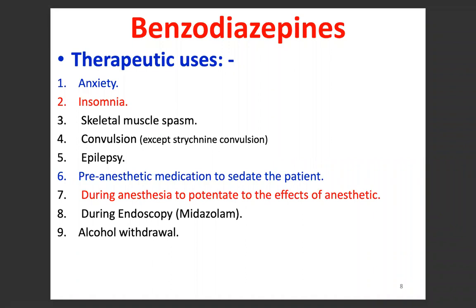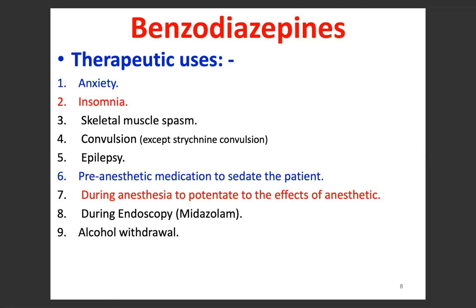Pre-anesthetic medication to sedate the patient. Benzodiazepines are also administered pre-anesthetic. Pre-anesthetic means before giving the anesthesia, the benzodiazepines are administered. So what will happen? Due to benzodiazepine, the dose of the anesthetic medication will be reduced.